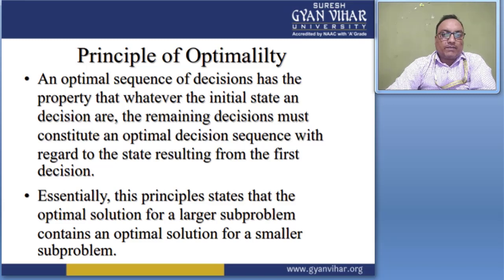Essentially, this principle states that the optimal solution for a larger subproblem contains an optimal solution for a smaller subproblem. This type of problem refers to a larger subproblem which also contains the solution of the smaller subproblem.